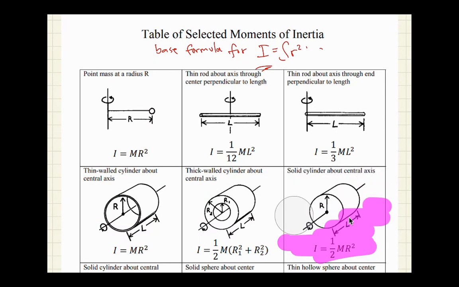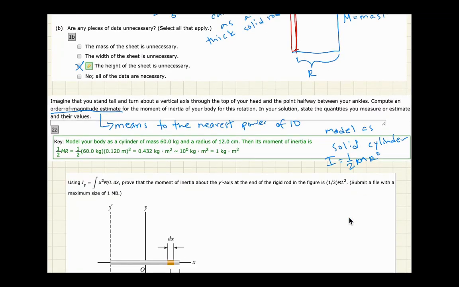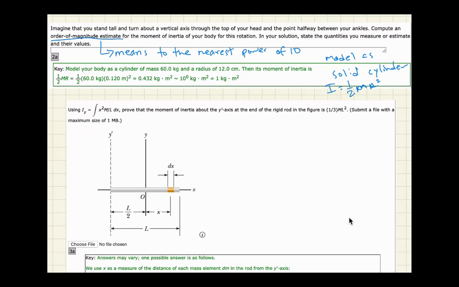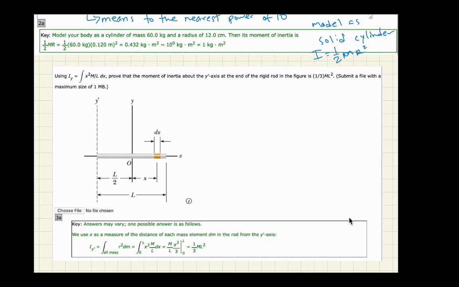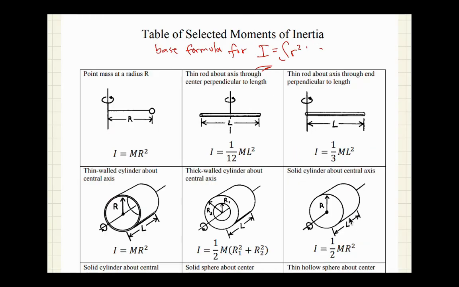Looking at my table, I already know that a solid rod rotating around a central axis, sorry, it's the end of a rigid rod. So we're not rotating around a central axis here. We're rotating around the edge of the rod. So I already know that my formula here is going to be 1/3 ml squared.